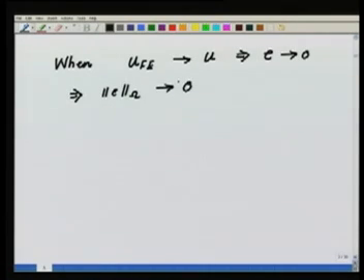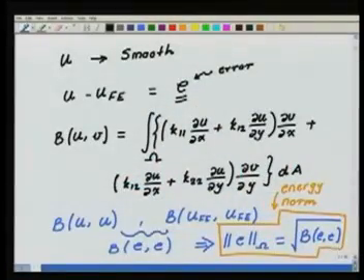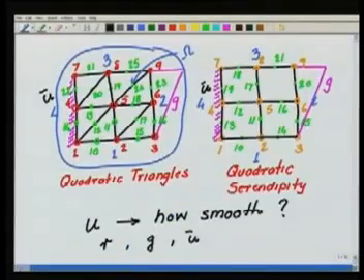This is what we mean by convergence: I refine my approximation in some way, and when I refine my approximation, the error should go down to 0. Now we measure it with respect to the energy norm. So how do you refine the approximation? We could do two things.